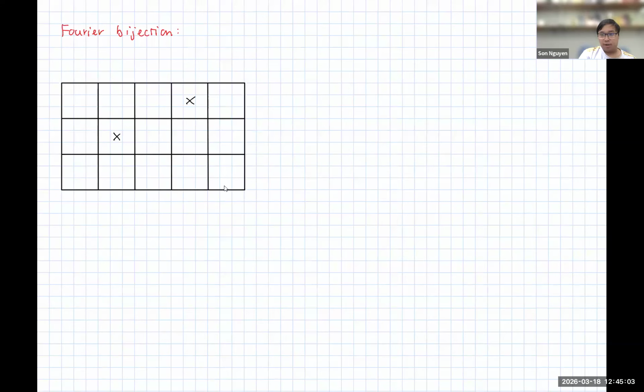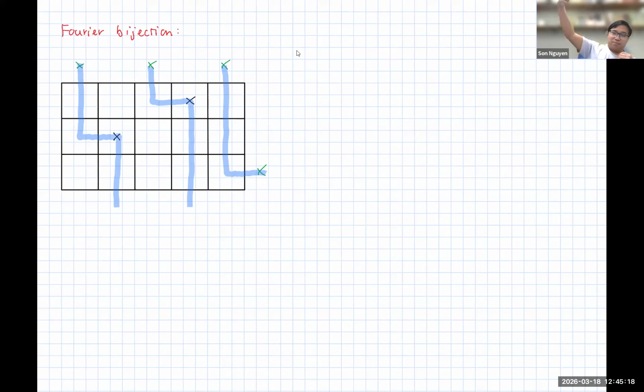So this is my partial matching. What I do is I put some extra axes in the rows and columns that don't have axes, and I draw this shadow line. You imagine you have a source of light here, pointed this way, and you see which points you get, and then you get this shadow line.